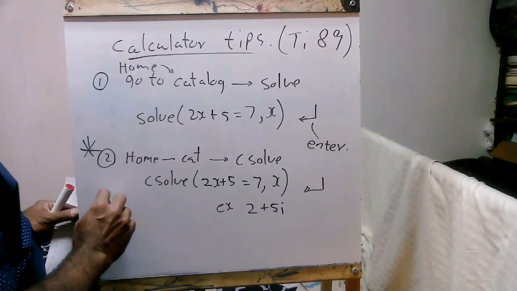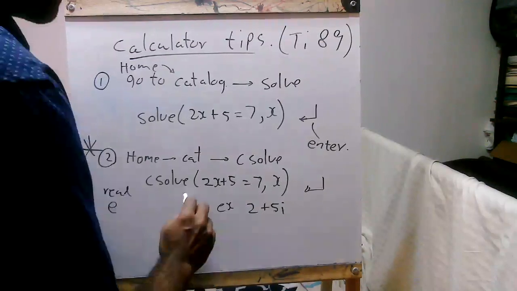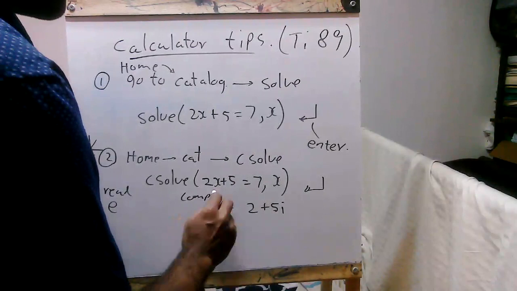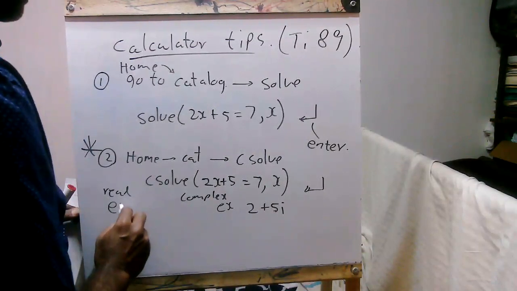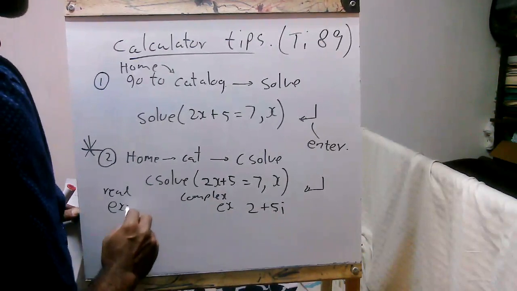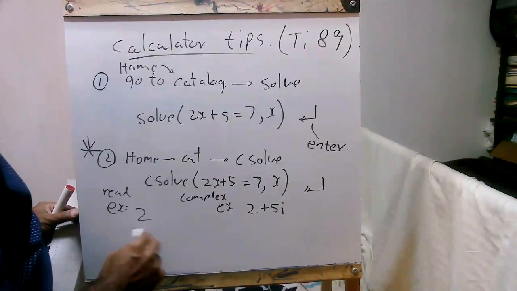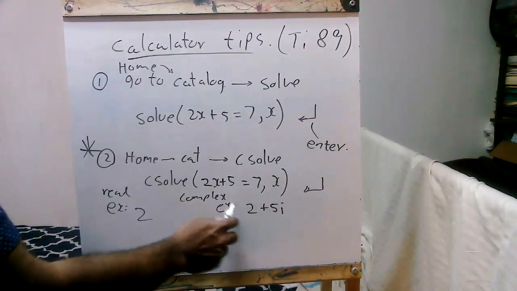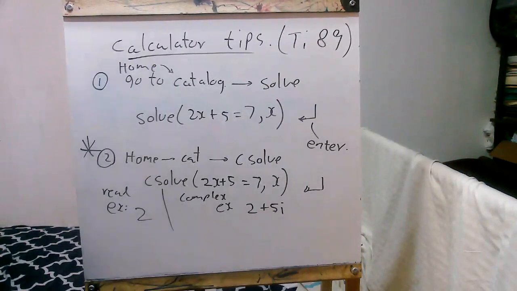Example for real answers: simply number 2, number 3, number 5, such answers. Example for complex answers: 2 plus 5i, something like that.